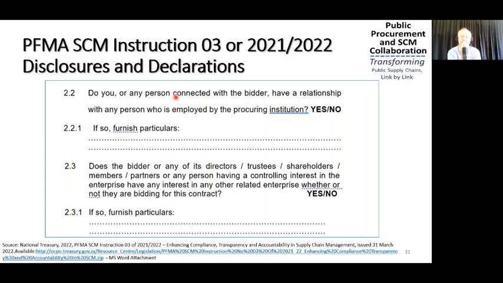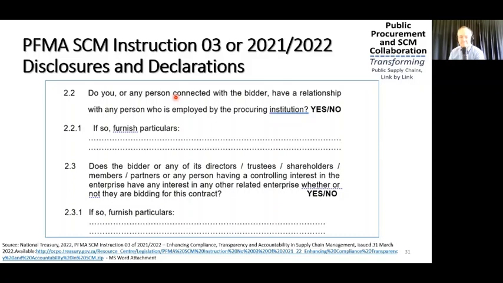Is my pastor in that relationship? What kind of relationship are we talking about? All right. Now it says the relationship with any person who is employed by the procuring institution. Then you can say yes or no, and then finish the details.